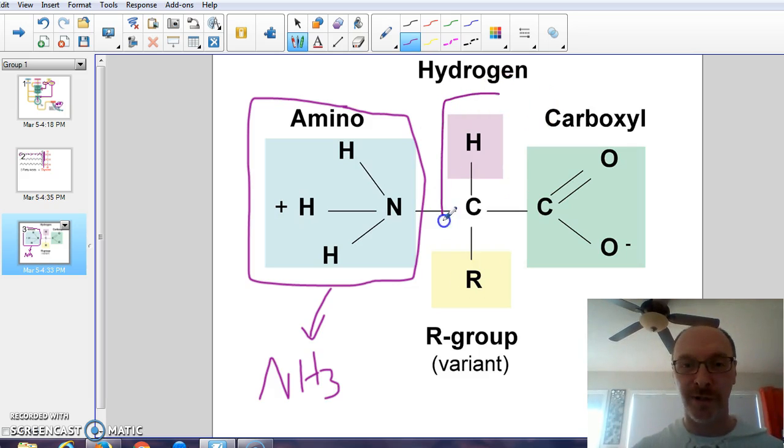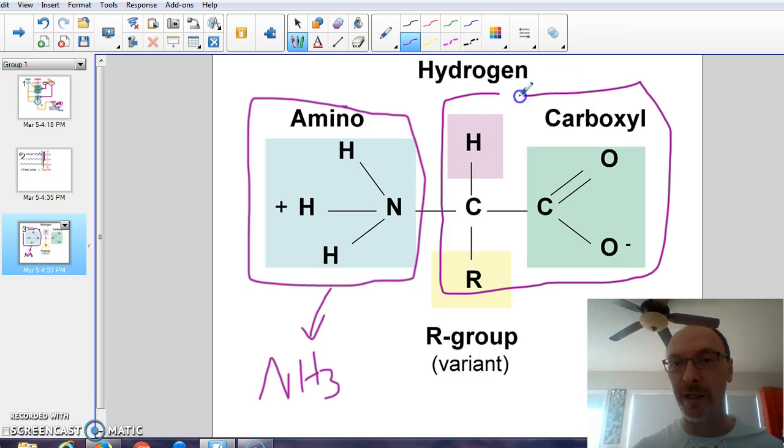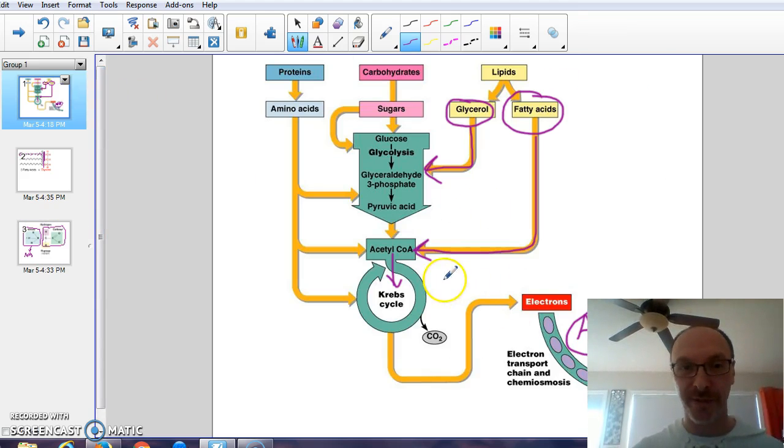The remaining parts of the amino acid, which are right here, go through some further processing. Depending on which type of amino acid we're talking about, it can be inputted into glycolysis, it can be changed into acetyl coenzyme A, or it can be changed into molecules that make up the Krebs cycle, like alpha-ketoglutarate, for example, and then the rest of cellular respiration happens normally.